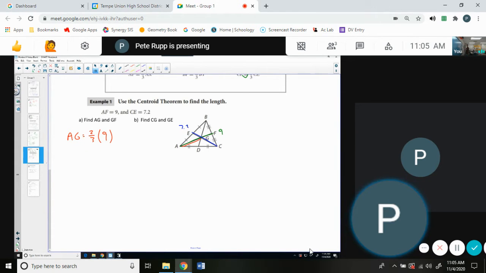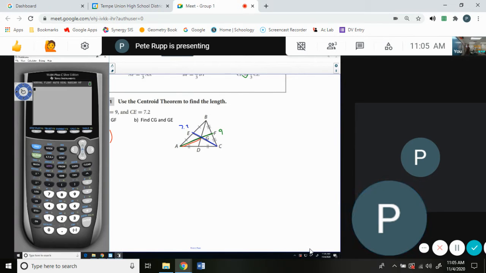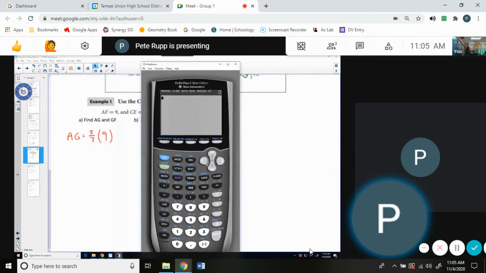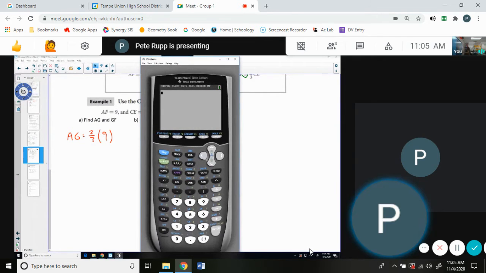I think you guys should practice using calculators. So I'll show you with the TI 84. With the TI 84, some of you guys have the new operating system, some of you have the older operating system, so there's a couple ways to do this. I'm going to use the fraction key. So if you have a calculator with the fraction key, go ahead and use it. Type in 2/3 and then times 9, and then your calculator will give you 6.